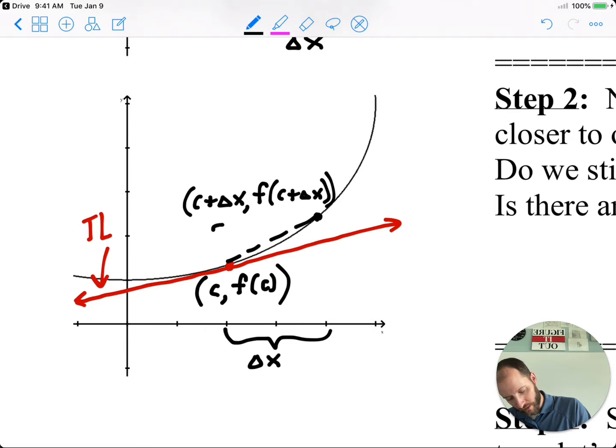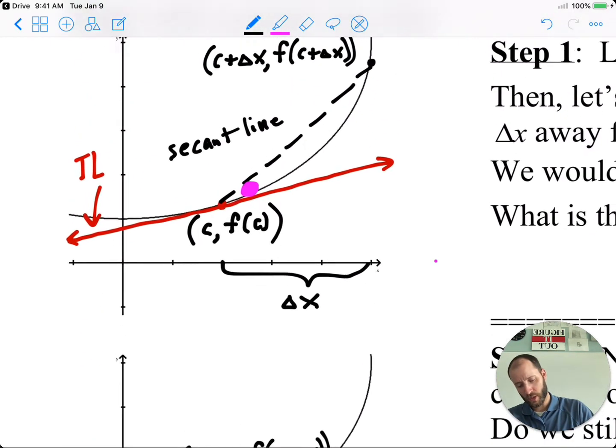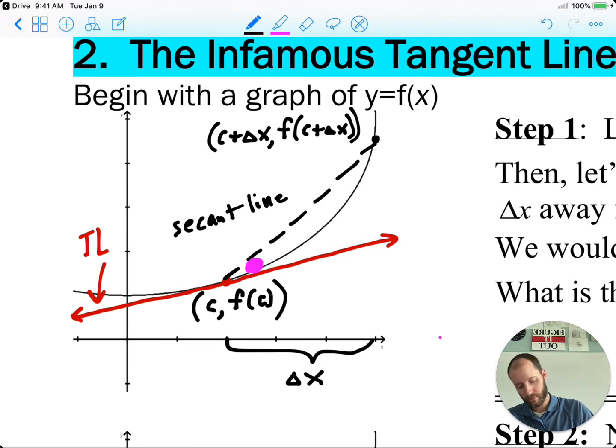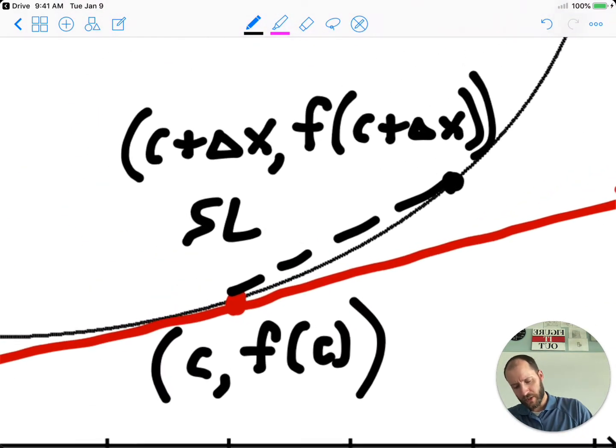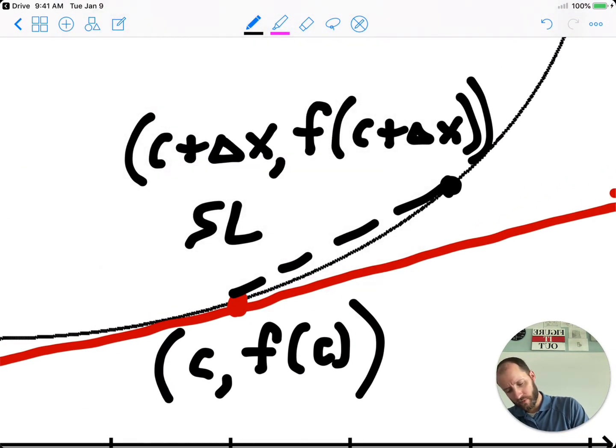So this is our secant line. And if you found the slope of the secant dotted black line, the slope of the red solid tangent line, they would be closer than previous. But there's still a problem of this gap between the two.